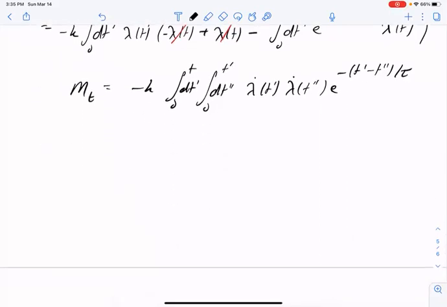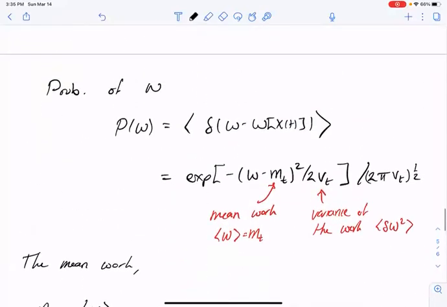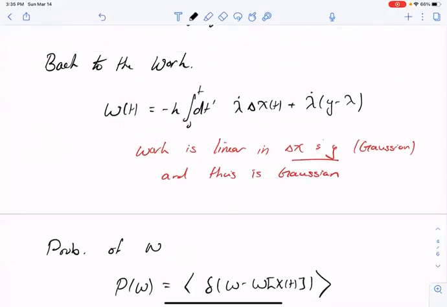Its variance, V of t. Well, y is a non-fluctuating quantity, so it will not contribute to the variance. Delta x, however, will. So going back to the definition of the work, y is its average, so its fluctuation is 0.